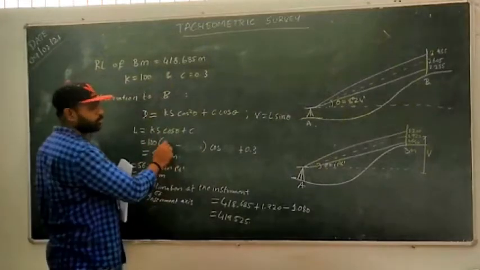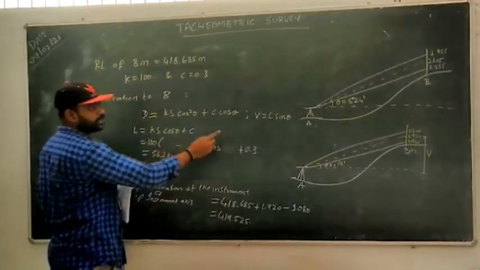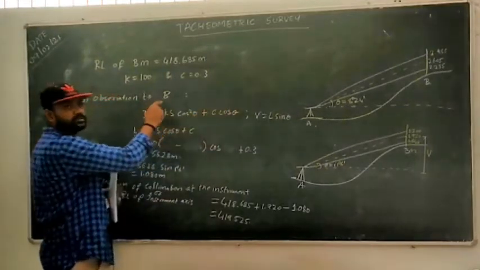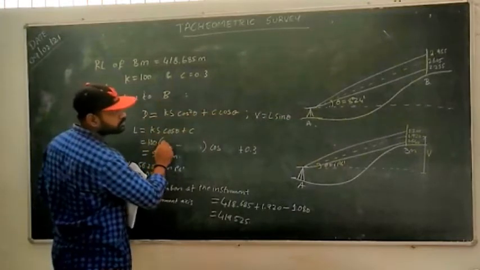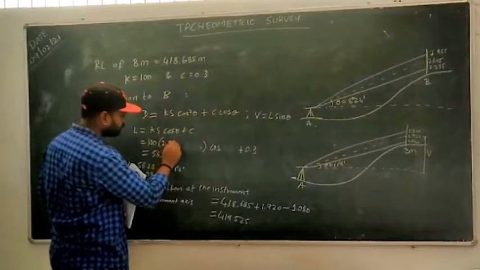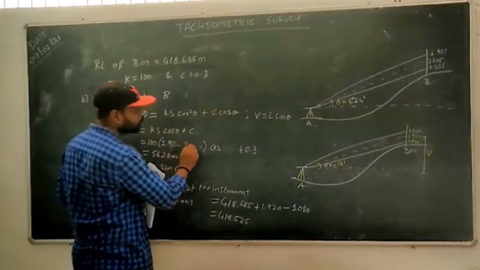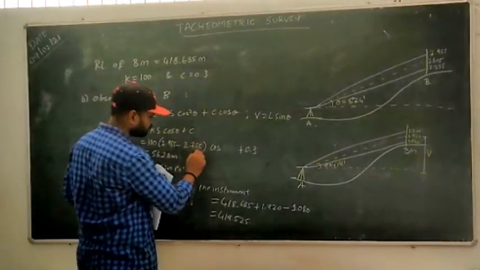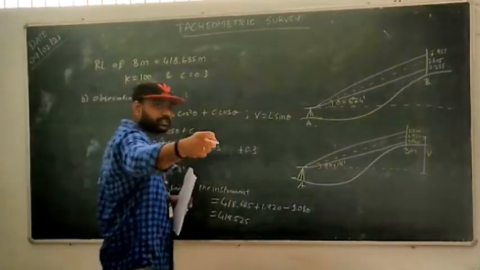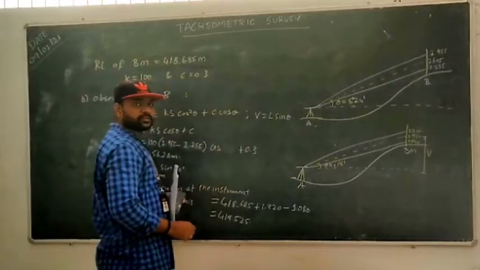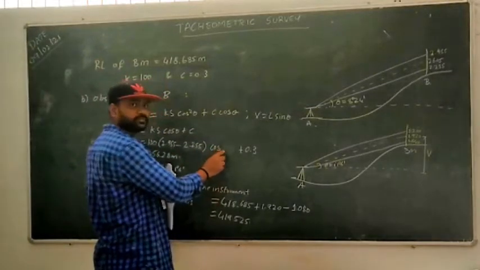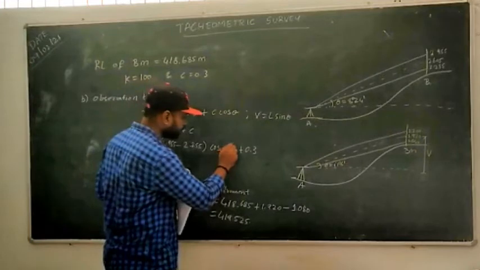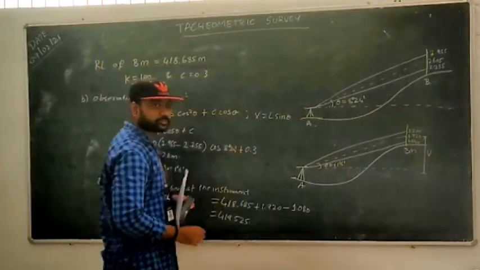What will be these two values for observation at B? 2.97. Correct, good. And tell me what will be the angle here? Good, 8 degree 24 minute.